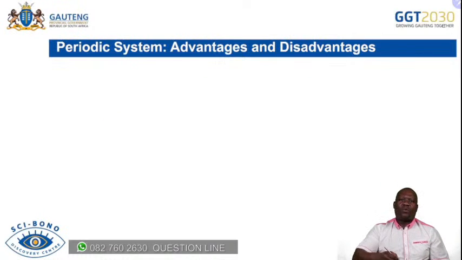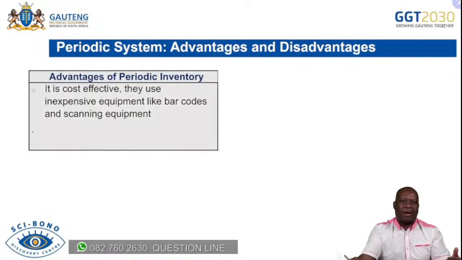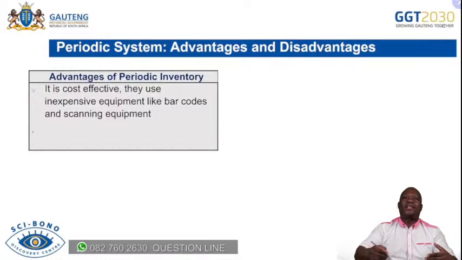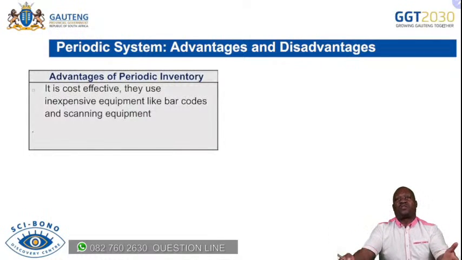Now, what are the advantages and disadvantages of using either of those two methods? When it comes to the advantages of the periodic, it is a cost-effective method. Because remember, we wait until the end of the year, or the end of the quarter or half a year, to go into the warehouse and into the shop and do a physical stock count.